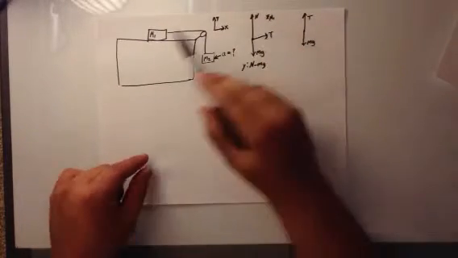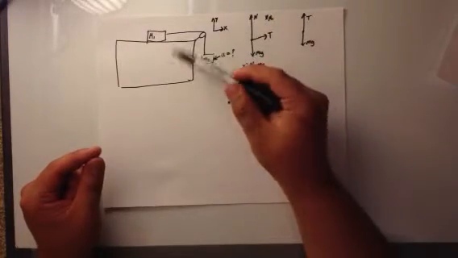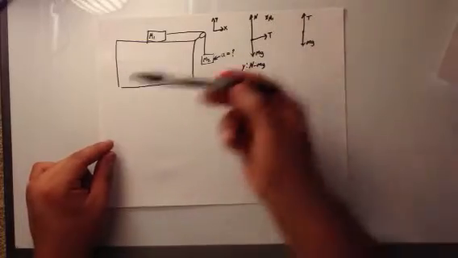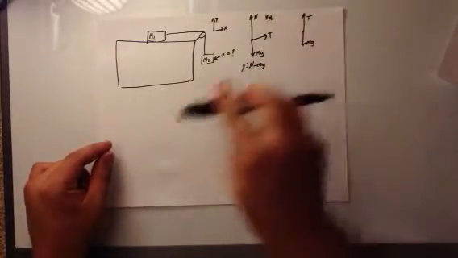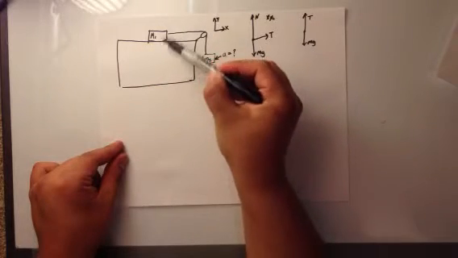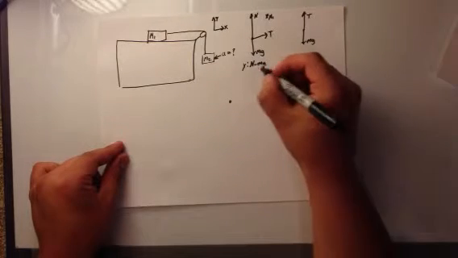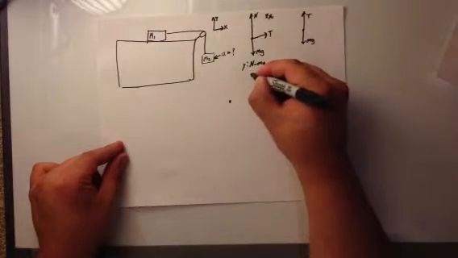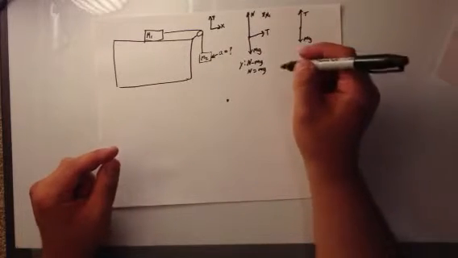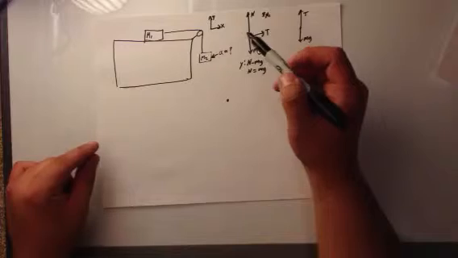This block isn't moving in the Y direction at all. It's just going across this table horizontally. It doesn't have any component of Y. So your normal force equals your gravitational force, because your first mass does not have any Y component.